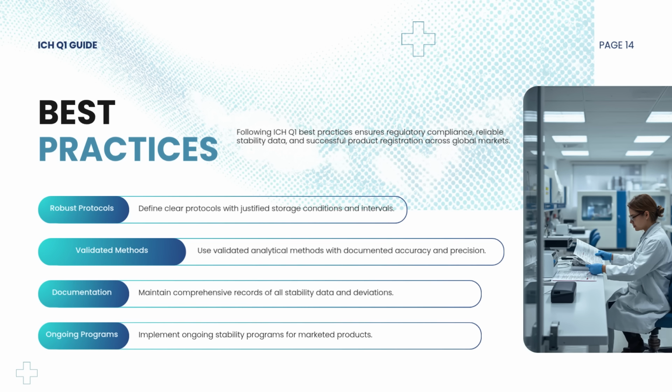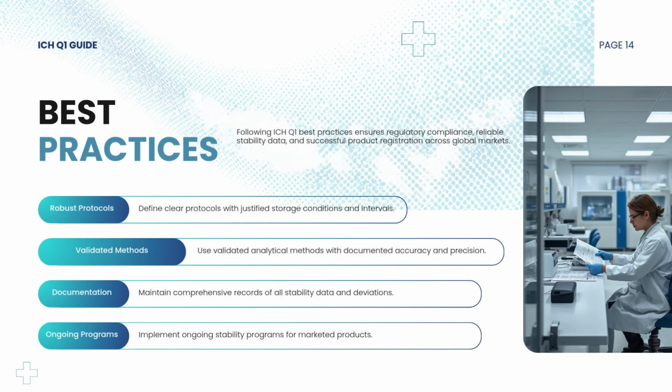Next, maintaining comprehensive records is vital. This includes all stability data and any deviations encountered during your studies. Such thorough documentation can be a lifesaver when questions arise during the approval process. Additionally, implementing ongoing stability programs for marketed products helps in adapting to any unforeseen changes and ensures continual compliance.